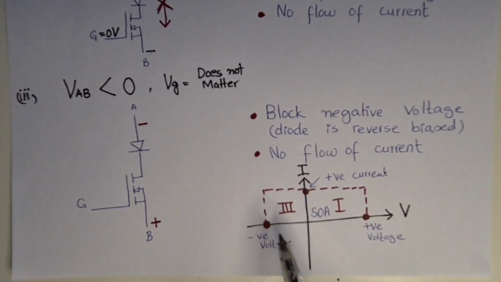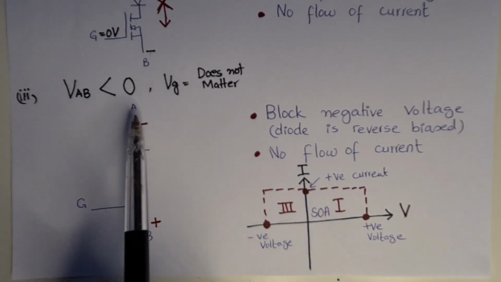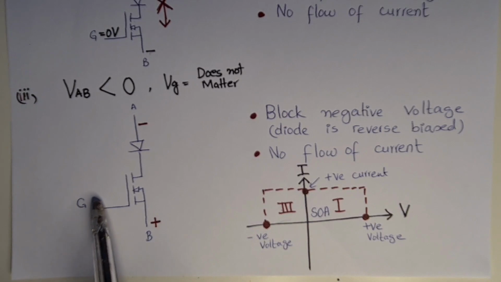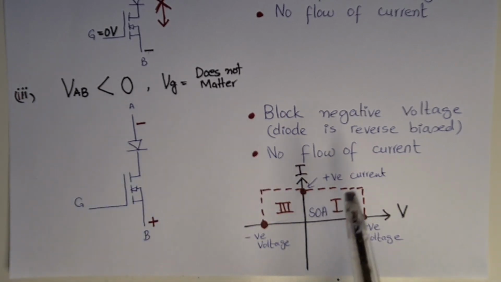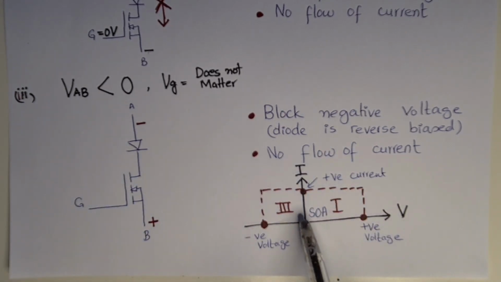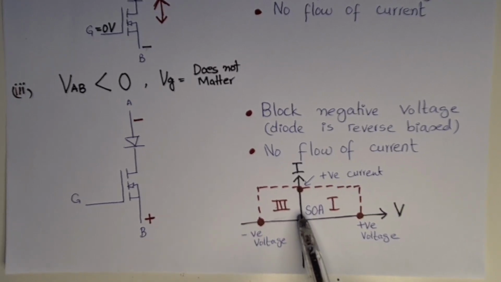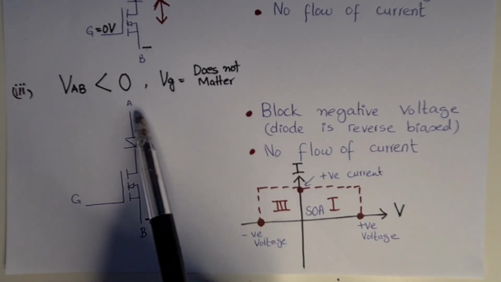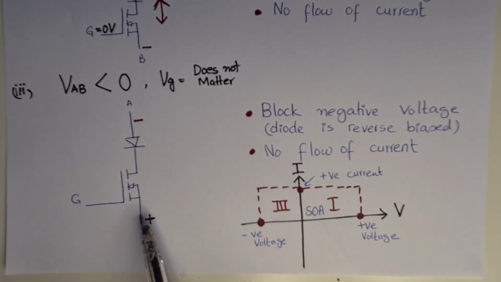Here I have shown the VI characteristics of the diode in series with the FET. From A to B terminal, when the voltage is greater than 0 and we have the gate voltage, it will conduct positive current with 0 voltage drop. This is the condition when the gate voltage is there, with positive polarity at the A terminal and negative polarity at the B terminal.